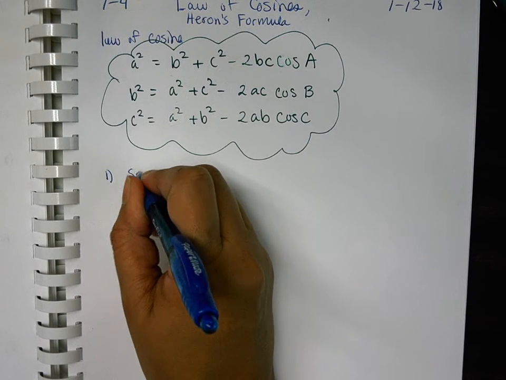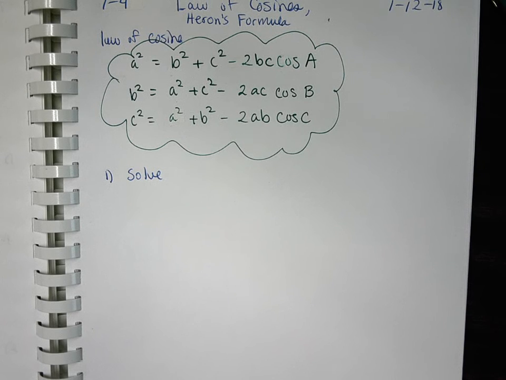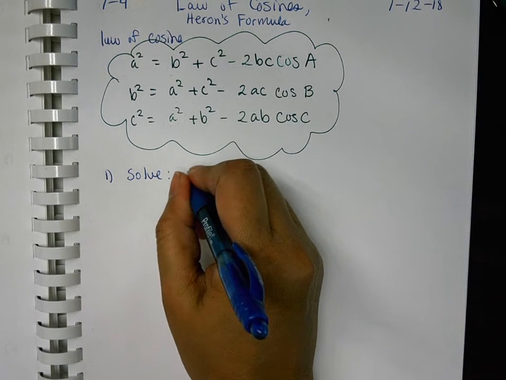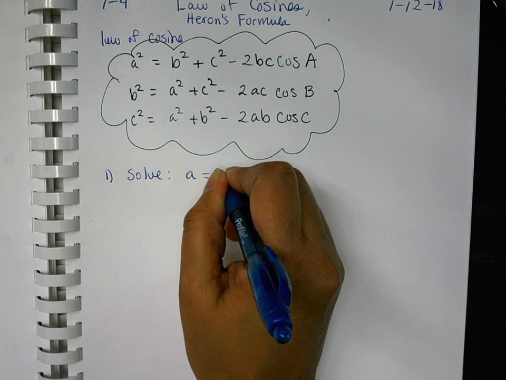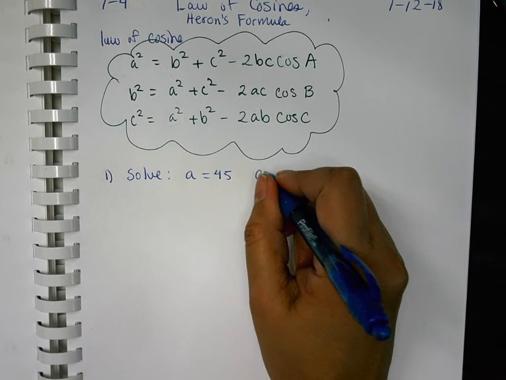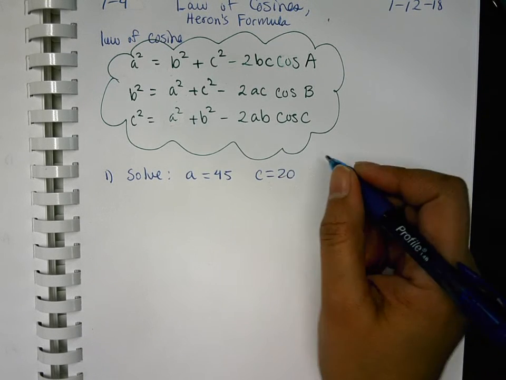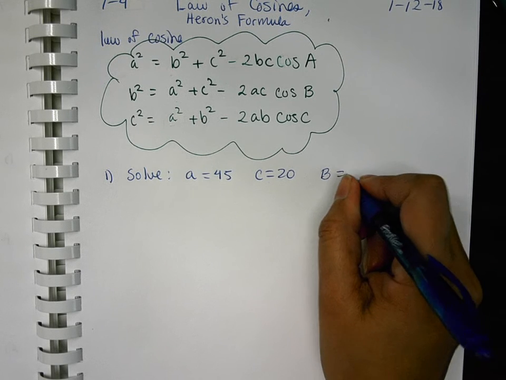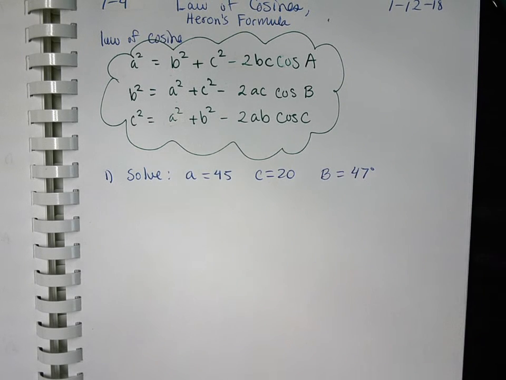Examples. Number 1, solve. And we know how to solve triangles. Little a equals 45. Little c equals 20. And angle B equals 47. Remember when we talked about the law of sines?